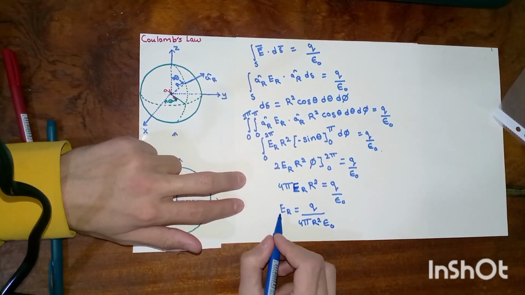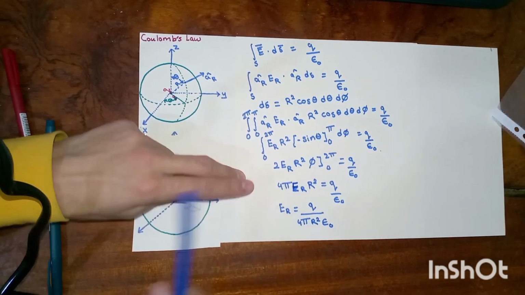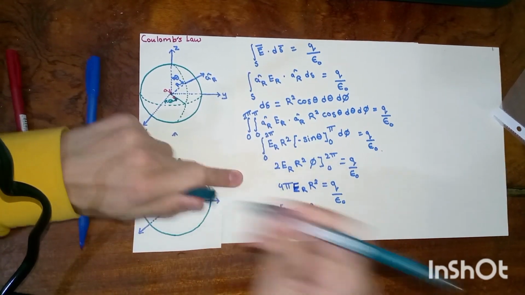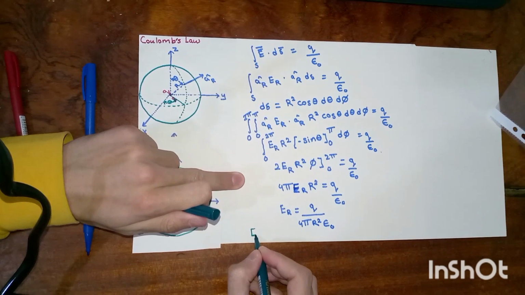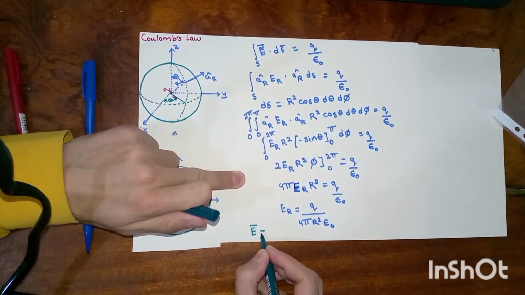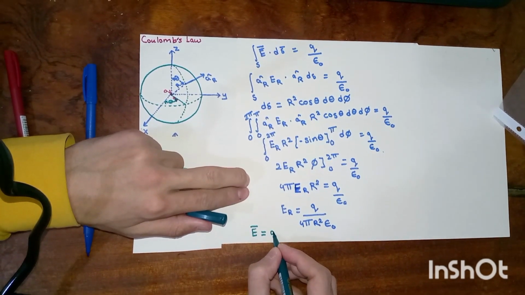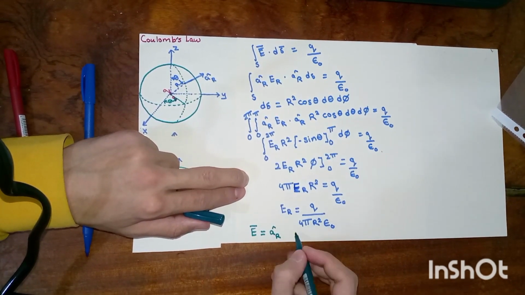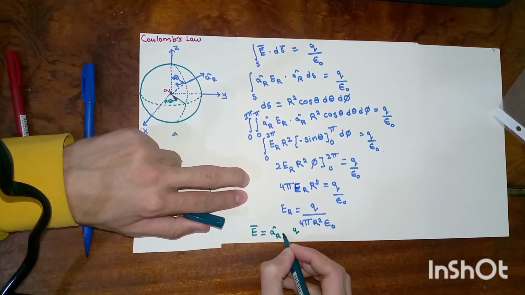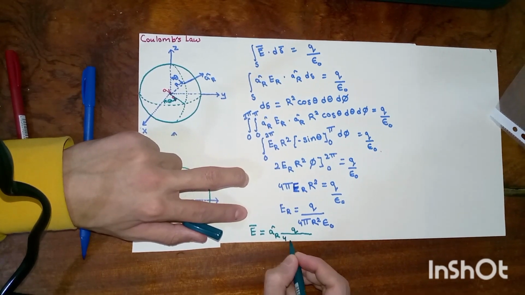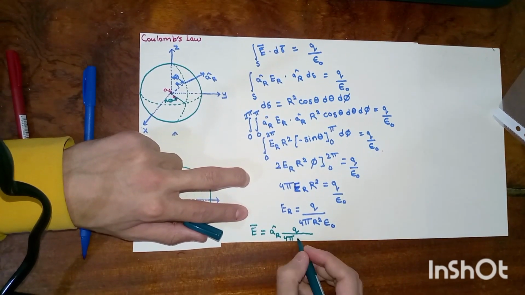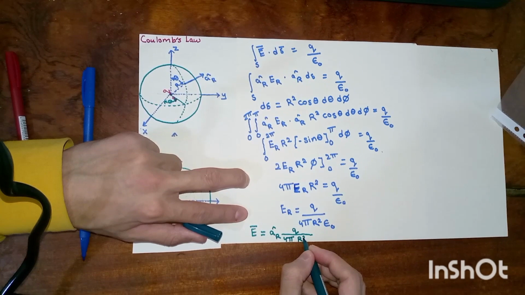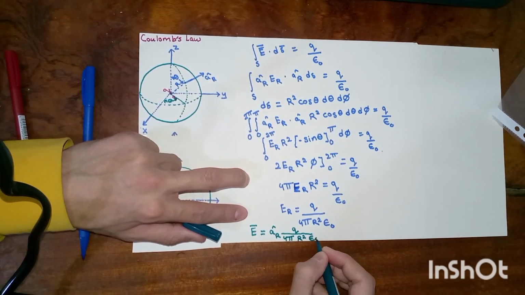And let's write the electrical field in terms of unit vector notation. The electrical field vector, we said it's radial, so it's a_r times E sub r, which is Q over 4 pi r squared times epsilon sub 0.